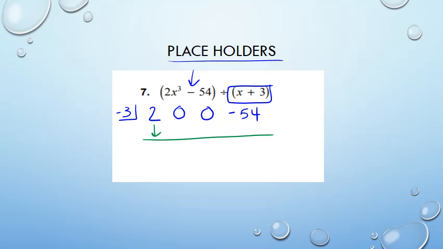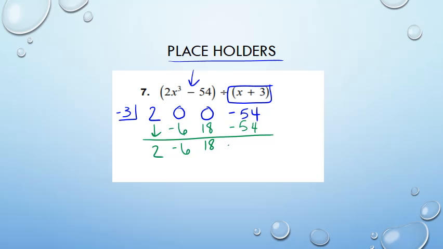So I'm going to drop the 2, and I'll have 2 times negative 3 is negative 6. This gives me negative 6. Negative 6 and negative 3 is 18. 0 plus 18 is 18. And then 18 times negative 3 is negative 54.